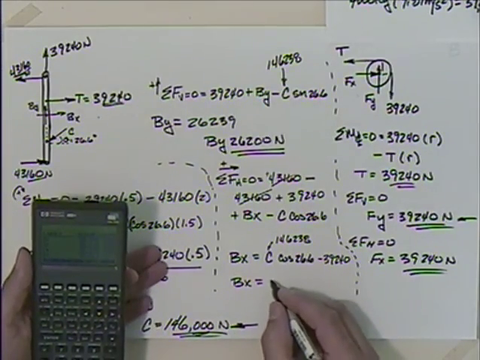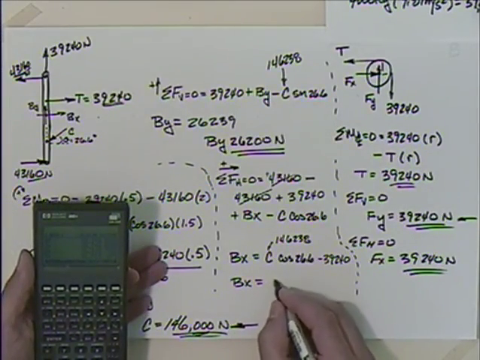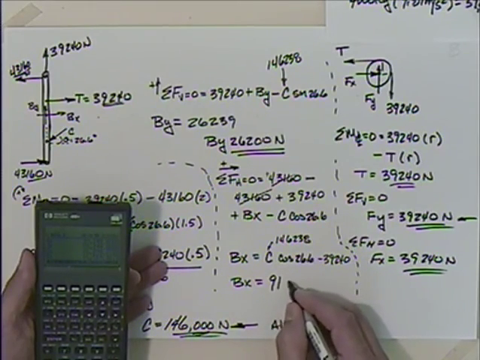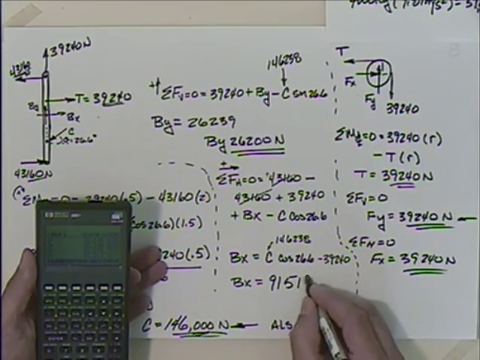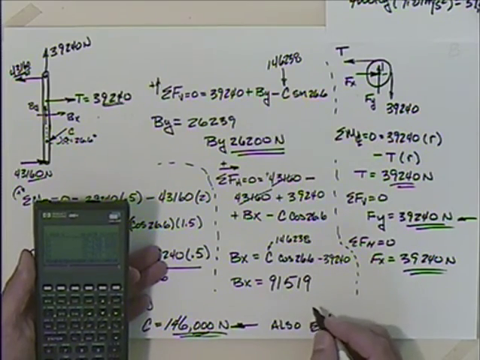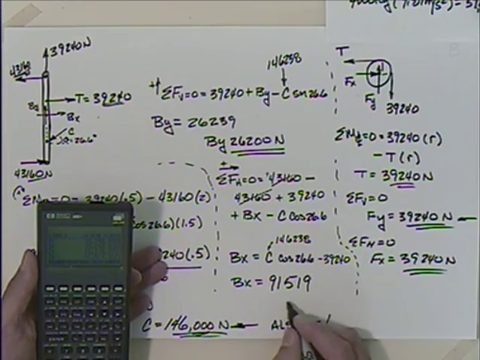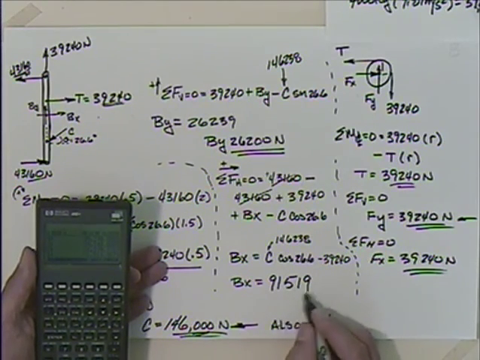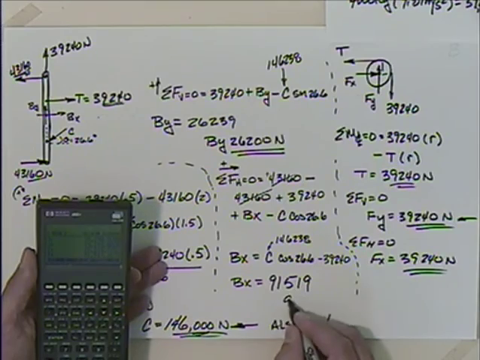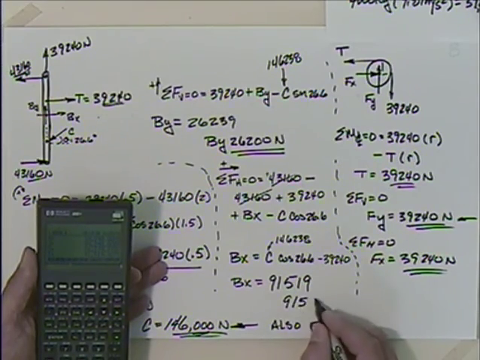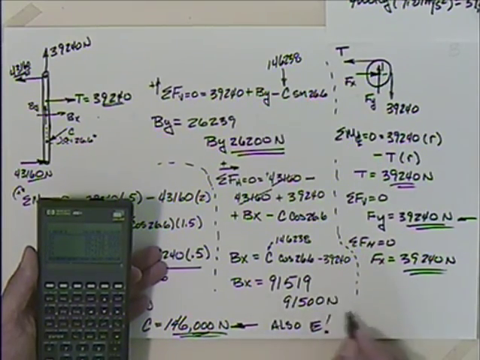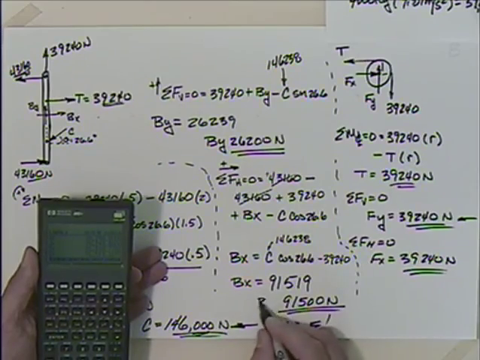So Bx turns out to be equal to 91,519. So we could call that 91.5 kilonewtons, or 91,500 newtons is Bx.